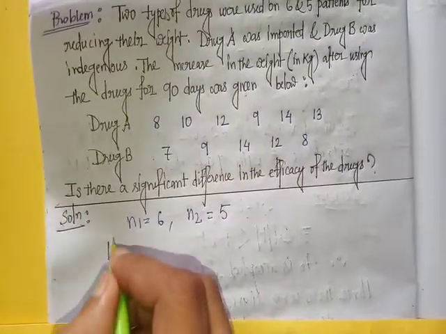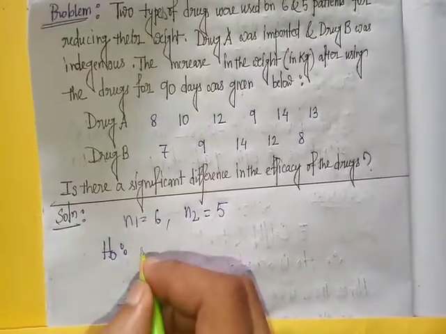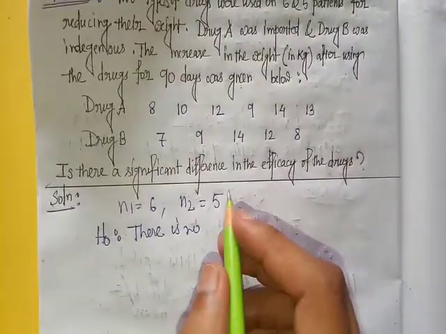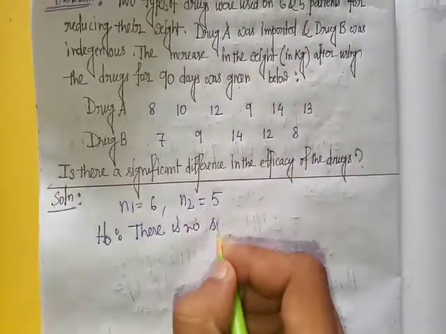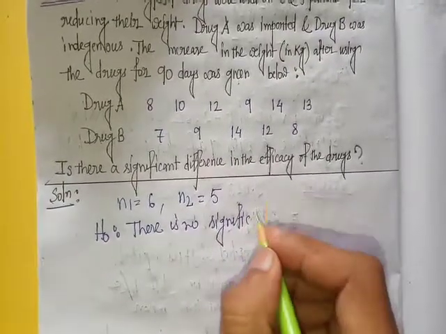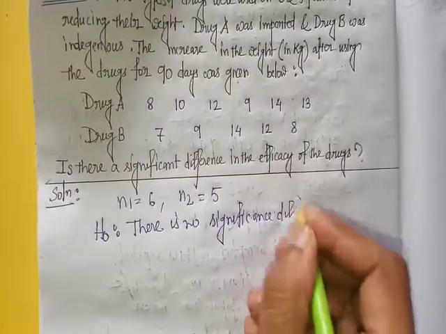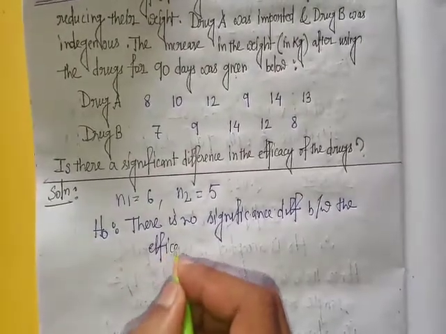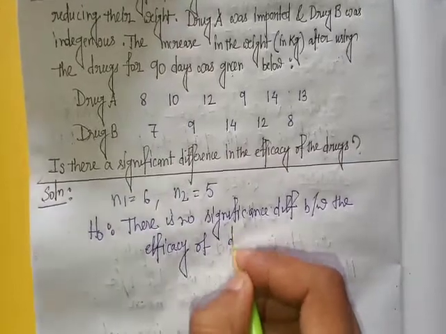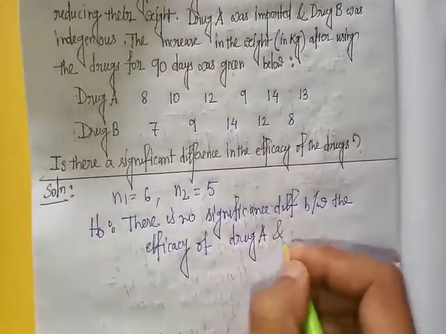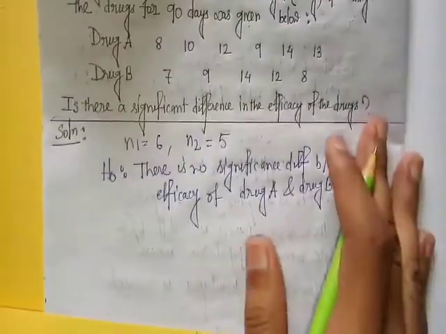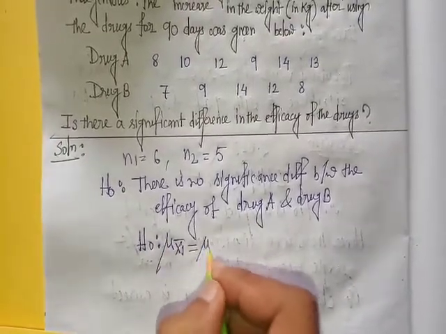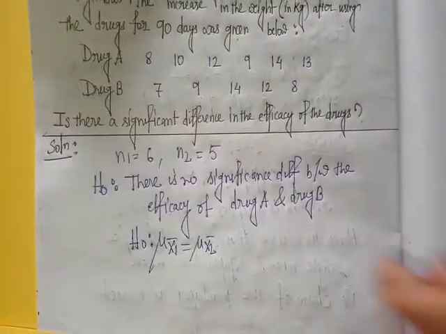Now we set the hypotheses. The null hypothesis: there is no significant difference between the efficacy of drug A and drug B, that is mu x1 bar equals mu x2 bar, the mean of drug A equals the mean of drug B.